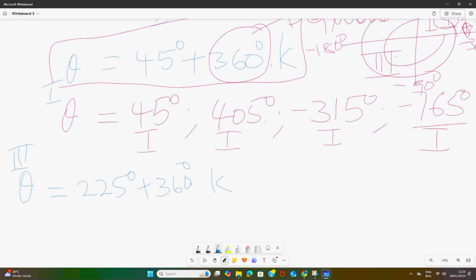And then when k is 0, what will be the actual value of our theta? It will be 225 degrees. When k is negative 1, what will be our actual value of theta? It will be negative 135 degrees. If k is negative 1, we'll have minus 360 plus 225, which is giving us negative 135 degrees.